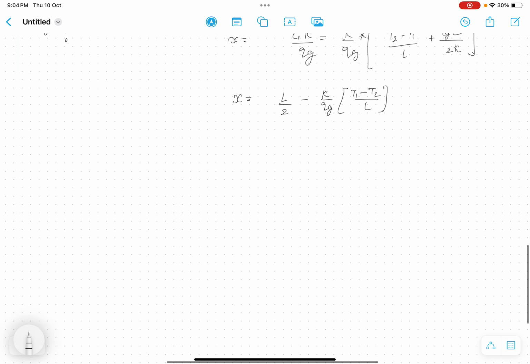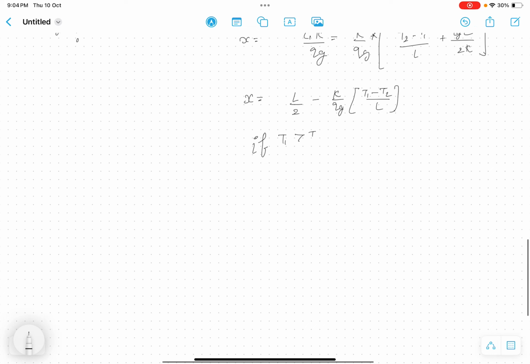So the location of maximum temperature depends on T1 and T2 values, right? If T1 is greater than T2, it means this quantity will be positive, and because of that x will be less than L by 2. It means the maximum temperature will occur to the left of x equal to L by 2.